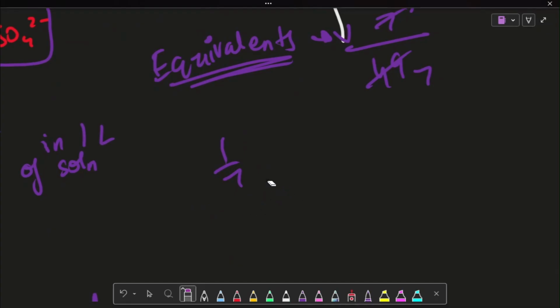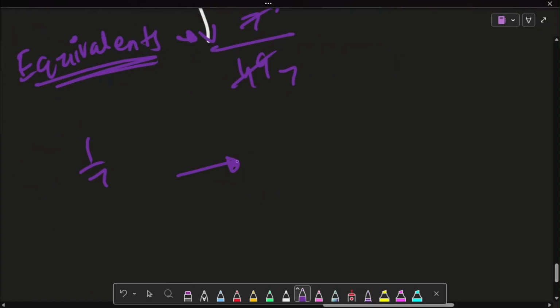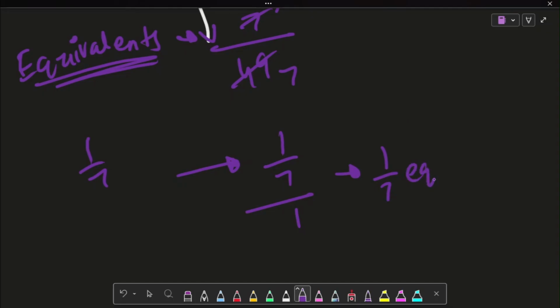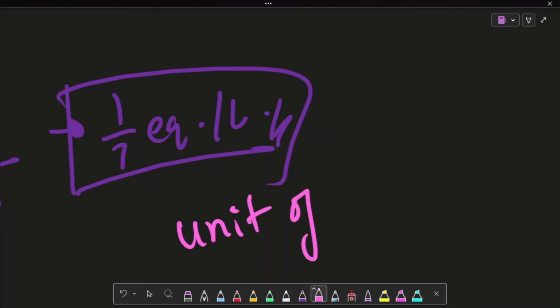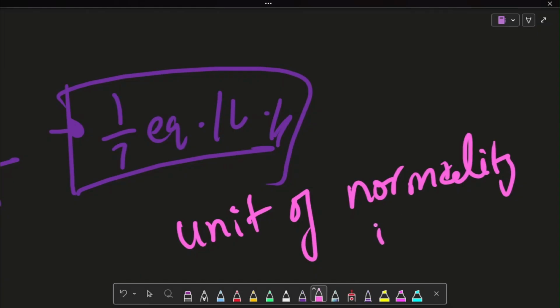Normality is nothing but equivalence divided by volume. So that will be 1 by 7 divided by 1. That would give you 1 by 7 equivalents per liter. That's the unit of normality, equivalent per liter.